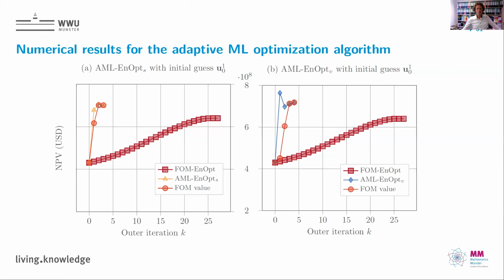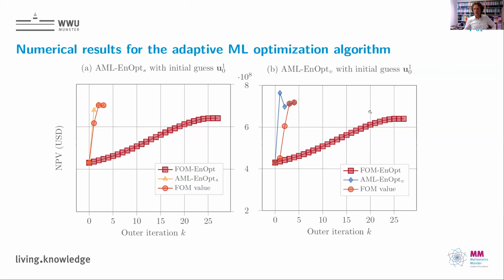And in these cases, we converge towards optima that are even better than those that you find with the full order model. So the machine learning model, the way we look at it, introduces some regularization to these very nasty optimization problems that guides you to better local minima of your energy or your functional landscape.